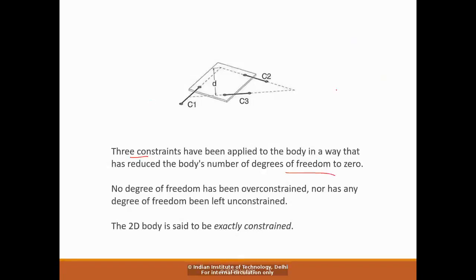So in plane, in 2D, we are only talking about X, Y, and this rotation, right? So no degree of freedom has been over constrained, nor has any degree of freedom been left unconstrained, right? And that's why you call it exactly constrained. So you need to constrain 3 motions. There are 3 degrees of freedom, and you put 3 constraints to stop them, and that's why it's called exactly constrained.